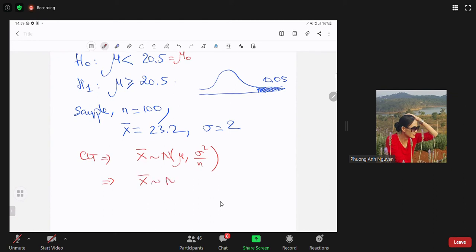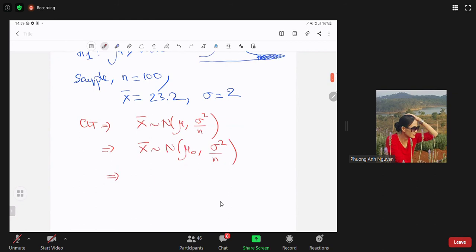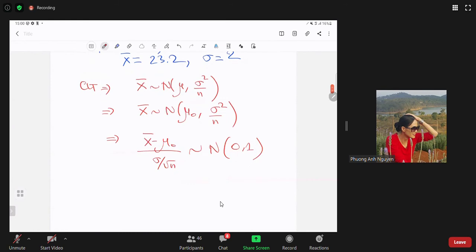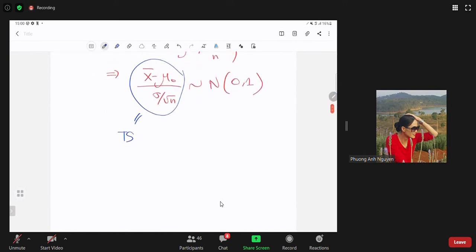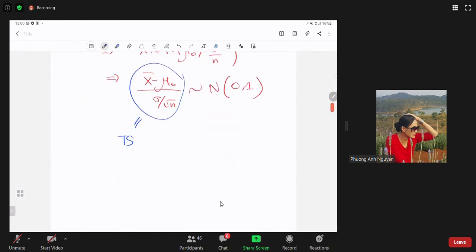If X bar follows the null hypothesis with mu0 and sigma squared divided by n, approximately, then X bar minus mu0 divided by sigma over root n follows the standard normal distribution. And we use it as the test statistic, helping you make a conclusion, to decide if you reject H0 or not.